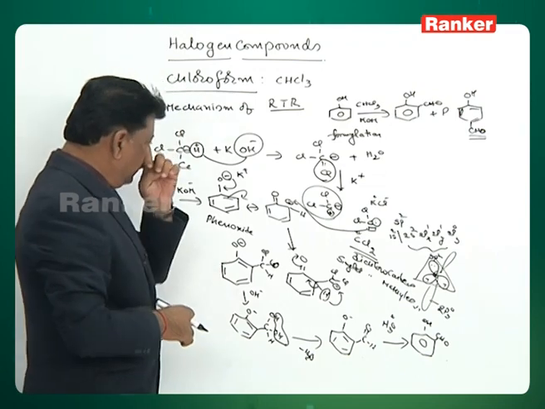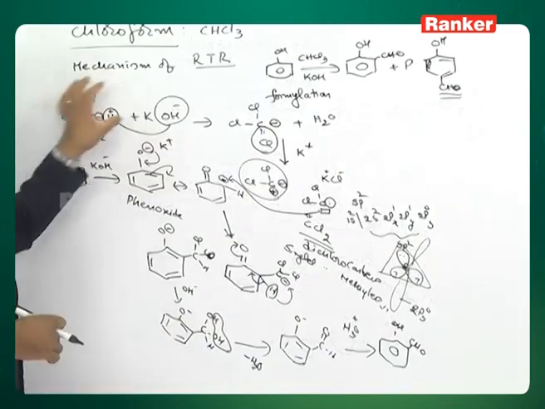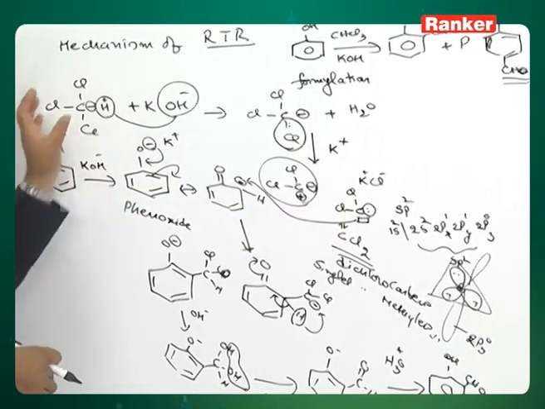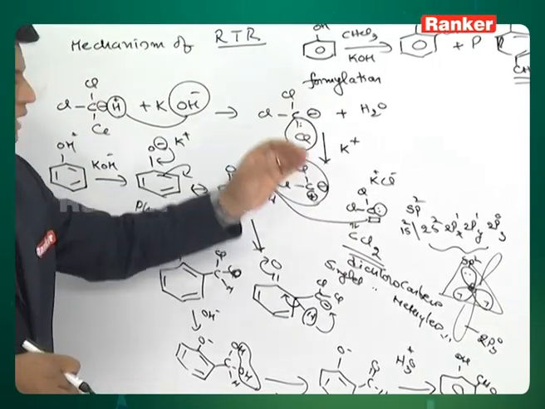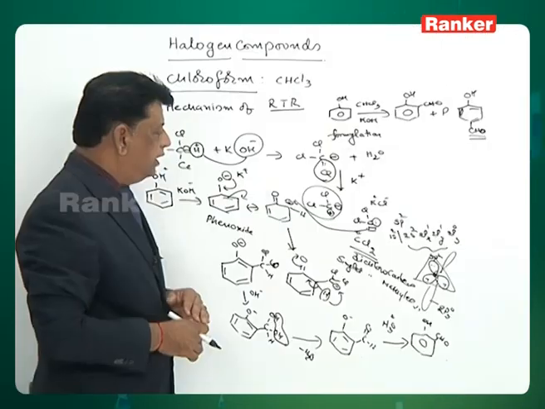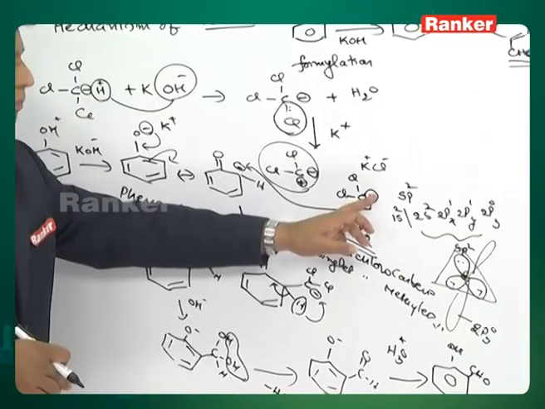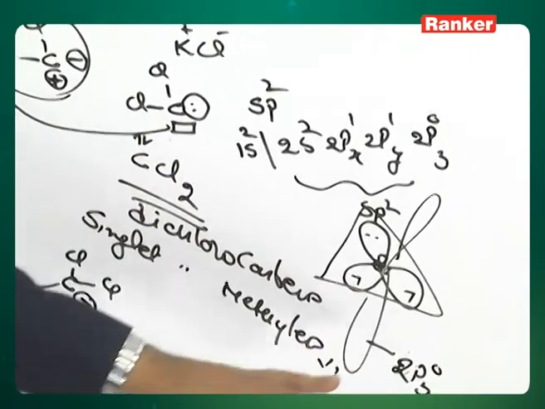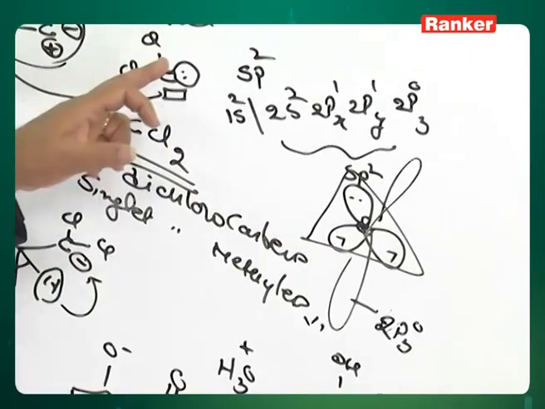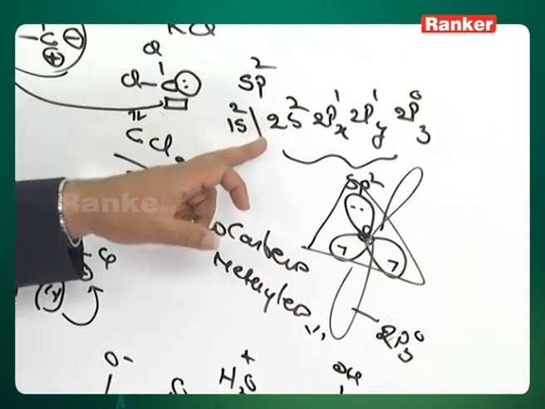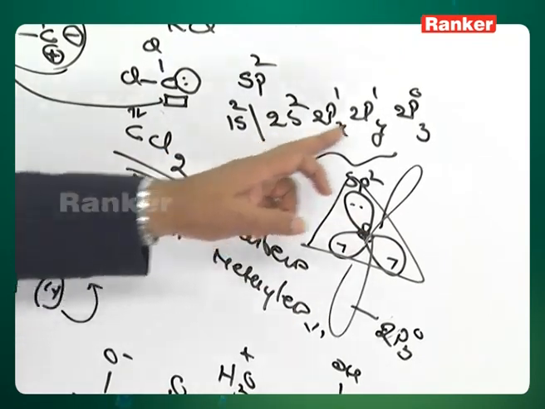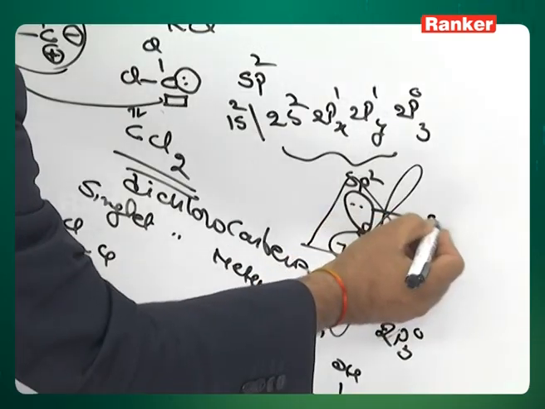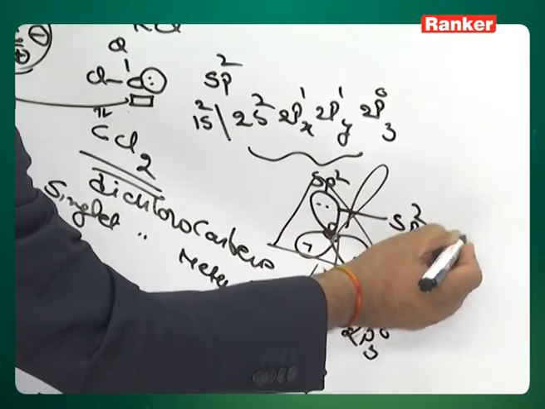In this mechanism, what we have to observe is first how this electrophile is generated from chloroform. First CCl3 minus forms and then it becomes CCl2. It is called a carbene, holding a pair of electrons and a vacant orbital. The vacant orbital is 2pz0, and the pair is in an sp2 hybridized orbital.